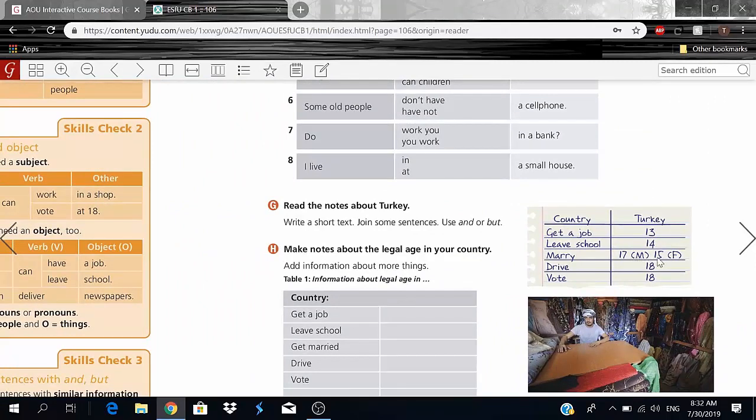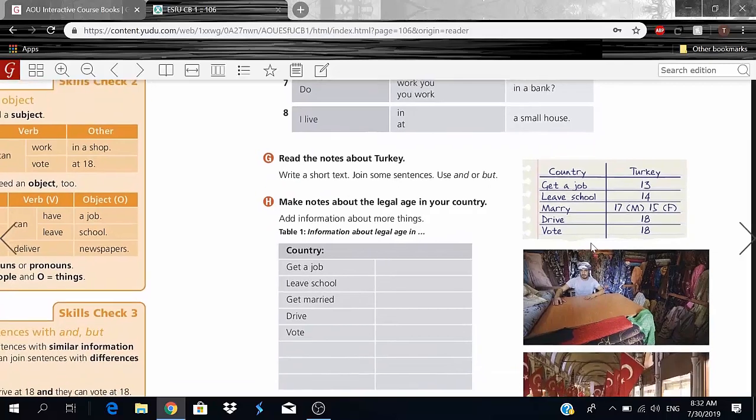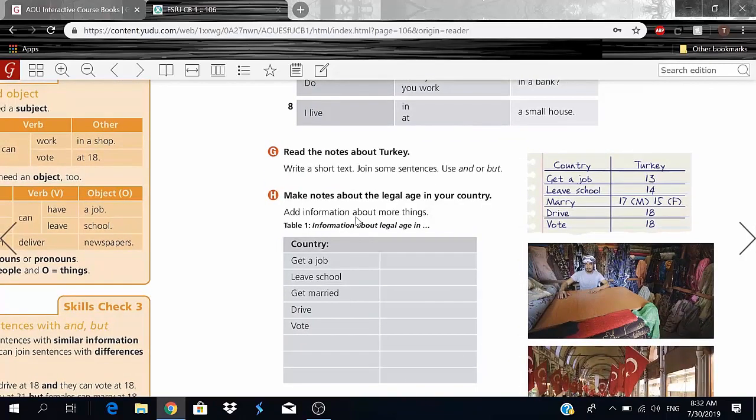Okay? Now, here we have something really simple to finish off the unit. So exercise H, make notes about the legal age in your country. We already did this, but let's just do it again, based on your country. There's no definitive answer here. You can pause the video, do it. Okay, so country, add information about legal age and getting a job. So getting a job in my country will probably be 16.